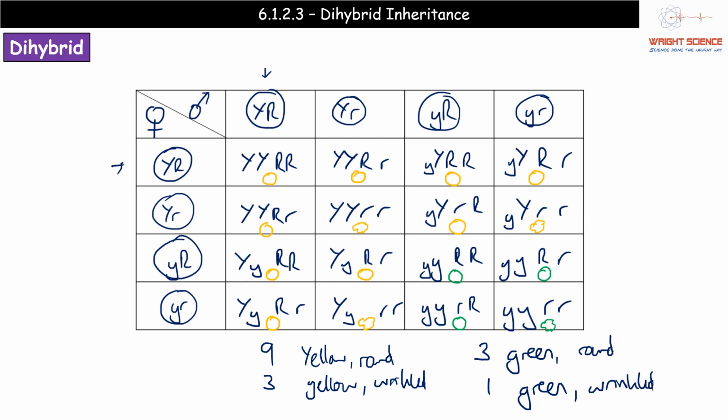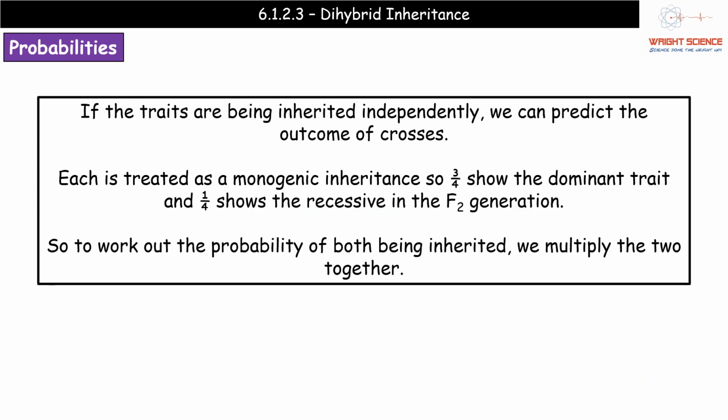So what we can see here is that we've actually got our little ratios, again, out of 16 in each of these cases. So that's 9 out of 16, 3 out of 16, 3 out of 16, and 1 out of 16. So we've got our fractions here. And what we need to remember is that if these traits are being inherited independently, then we can predict the outcome of these crosses.